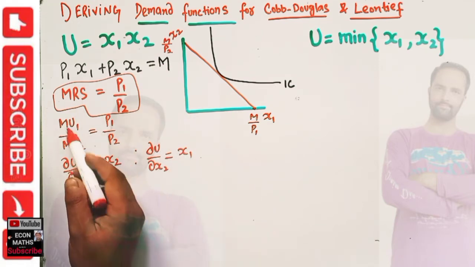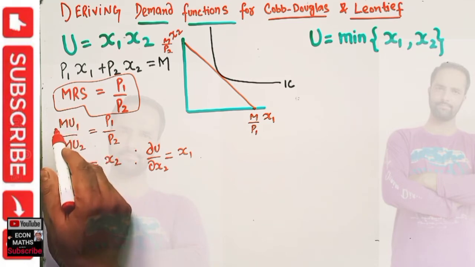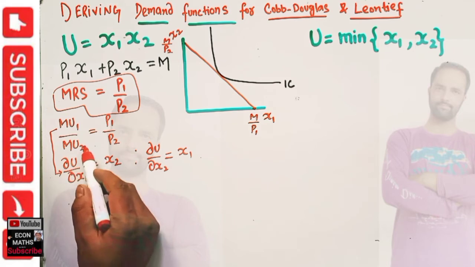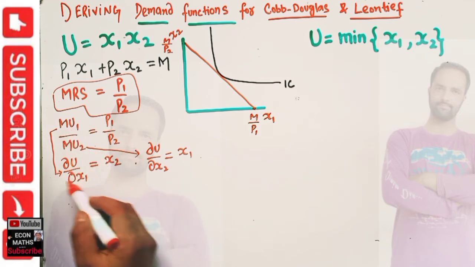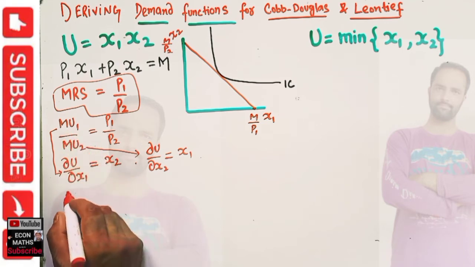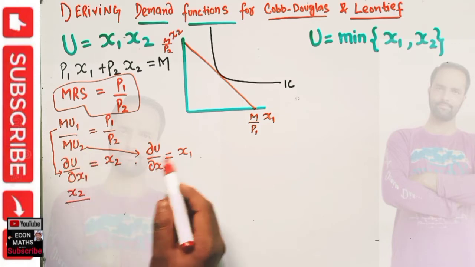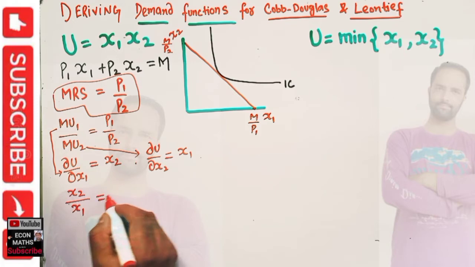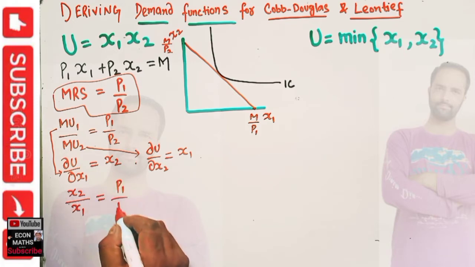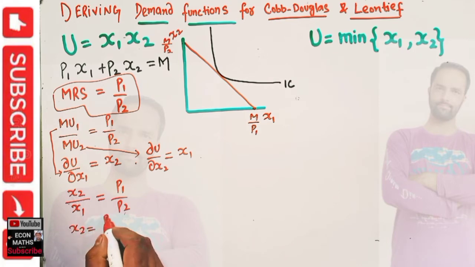So the marginal utility of good 1 is x2, and the marginal utility of good 2, du upon dx2, comes out to be x1. It should be equal to the price ratio p1 upon p2. Solving for x2, x2 is equal to p1 upon p2 times x1.